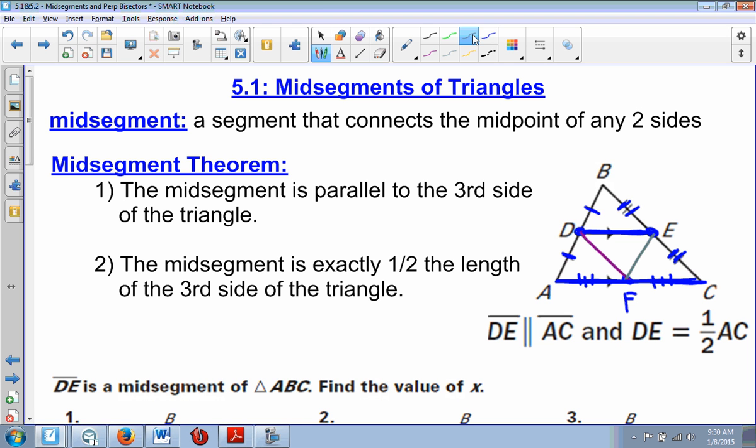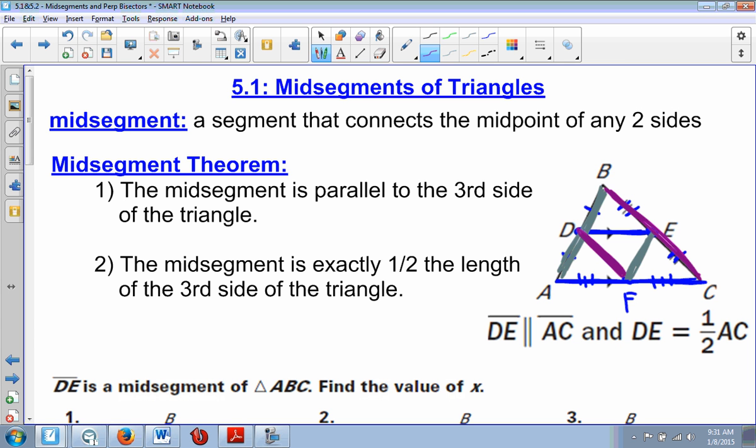Also, similarly, mid-segment EF would be parallel to line segment AB. If I extended them, they would never cross each other. And very similarly again, if I look at mid-segment DF, it's parallel to side length BC. They would never cross each other. So that's one of the things that is relatable between the side lengths of a triangle and their mid-segments.